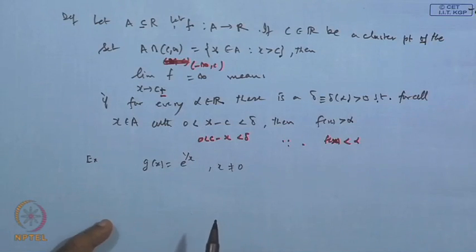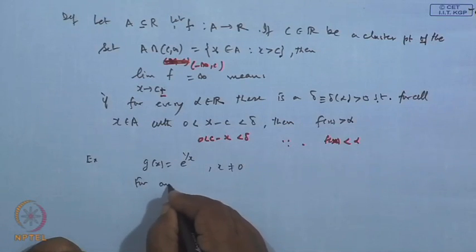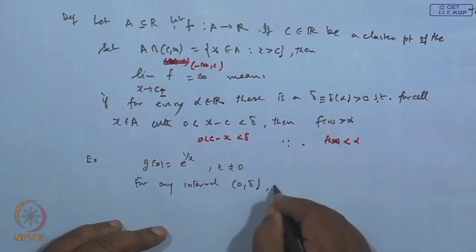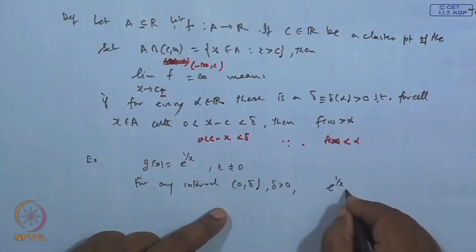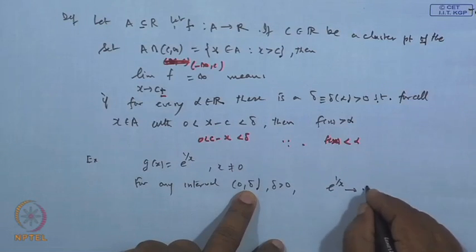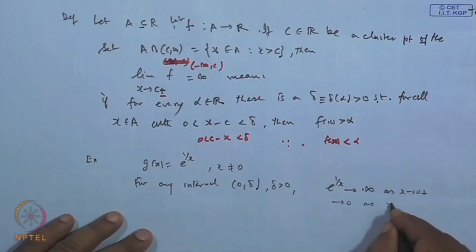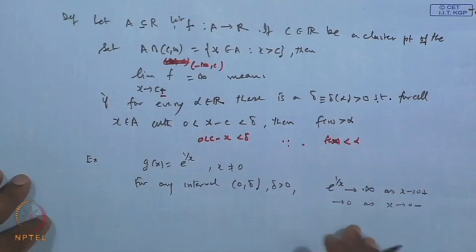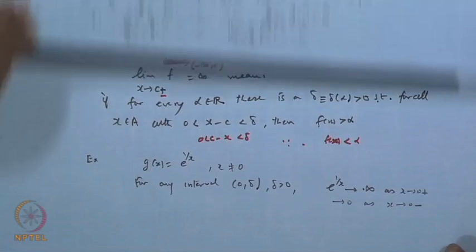Now, this we have already seen: if we take any interval (0, delta) where delta is positive, the right hand side limit of this function tends to infinity as x tends to 0 plus, and the limit goes to 0 as x tends to 0 minus. This we have already discussed.